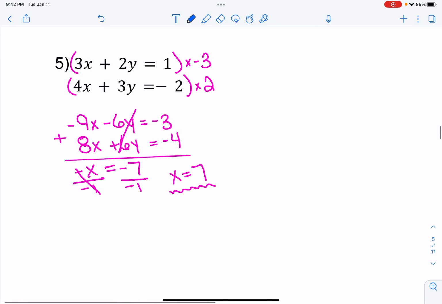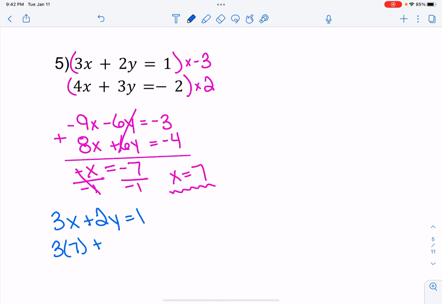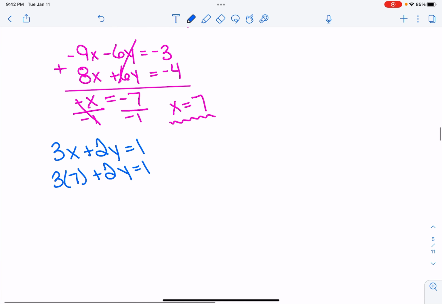So now we pick one of our original equations. I'm going to choose 3x plus 2y equals 1. And then I'm going to plug that 7 in for x. 3 times 7 is 21 plus 2y equals 1.